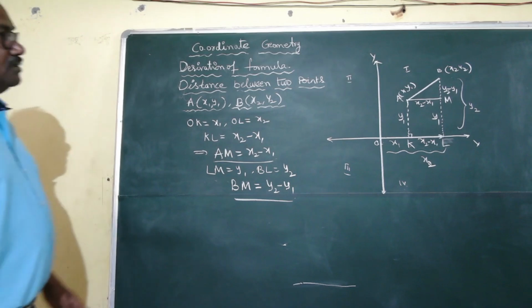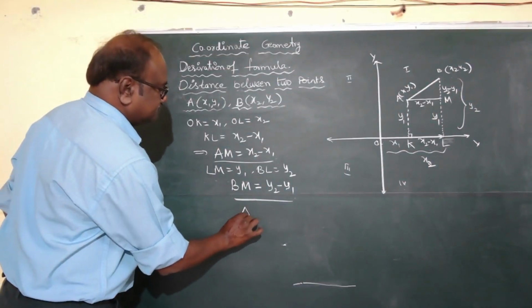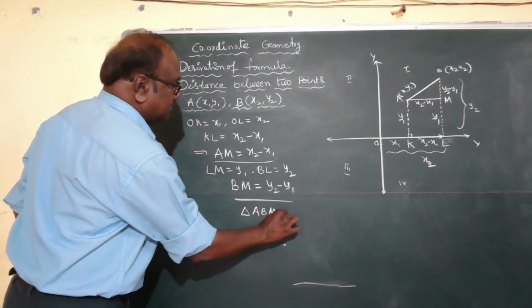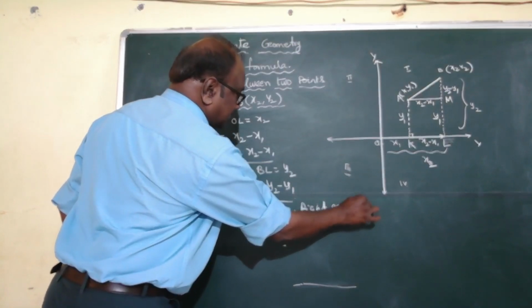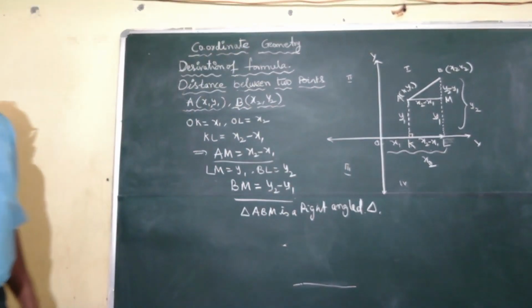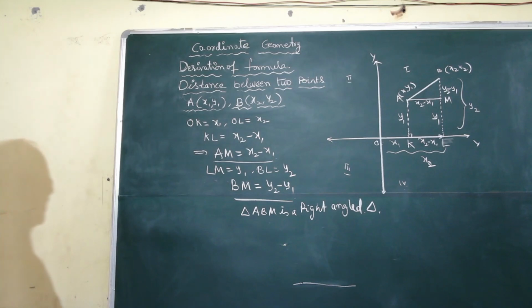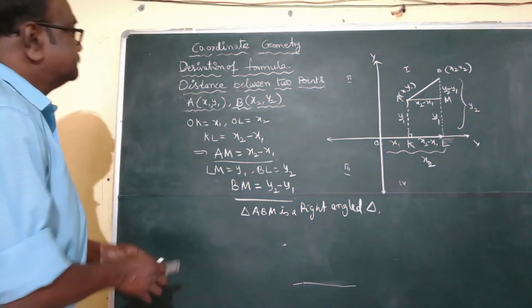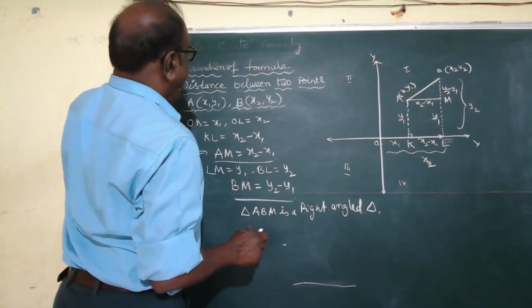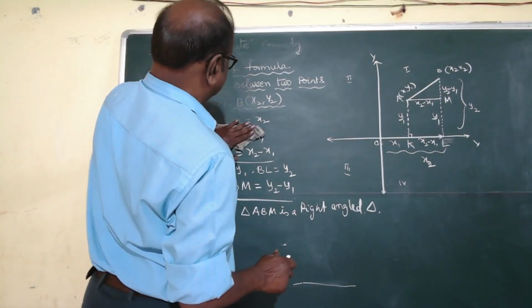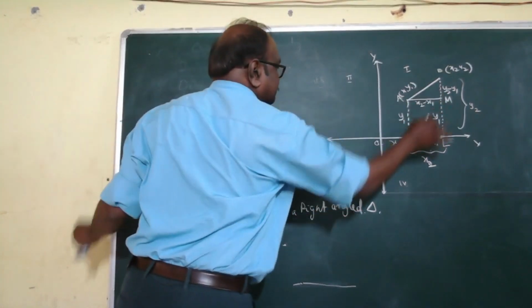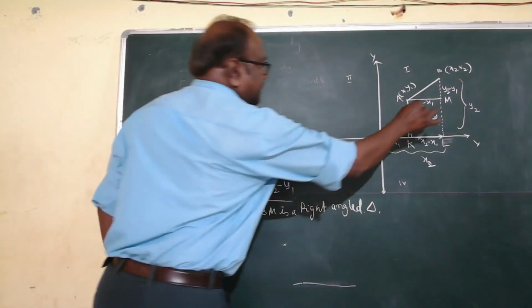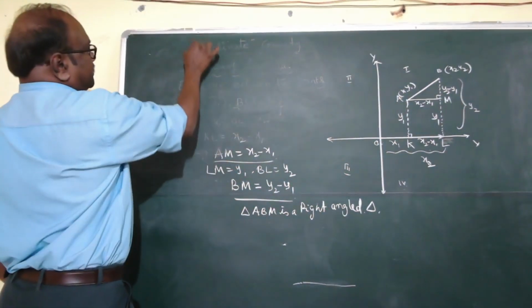Now here triangle ABM is a right angle triangle. Now we know that by the Pythagoras theorem, in a right angle triangle, the hypotenuse square is equal to side square plus side square. Here the right angle is at M, so AB is the hypotenuse.